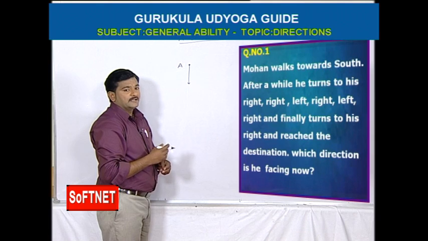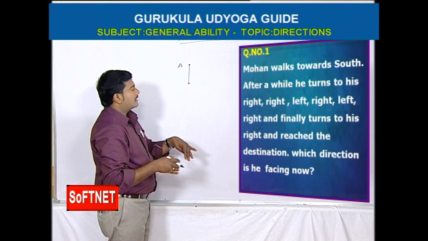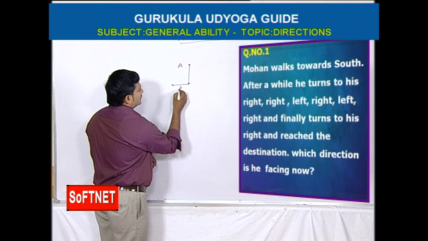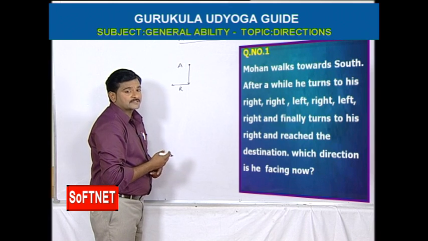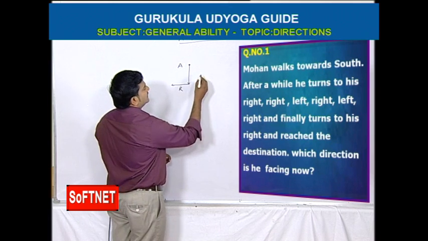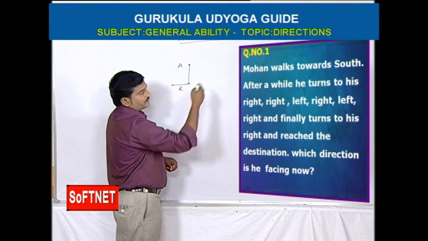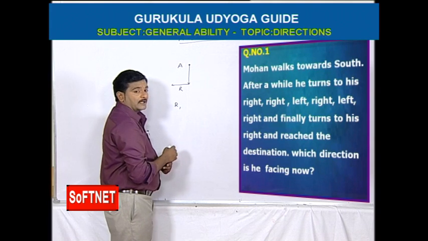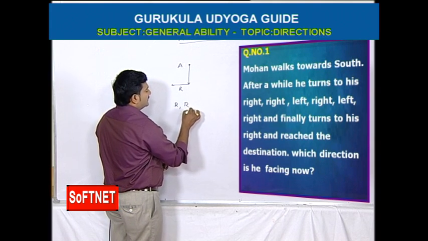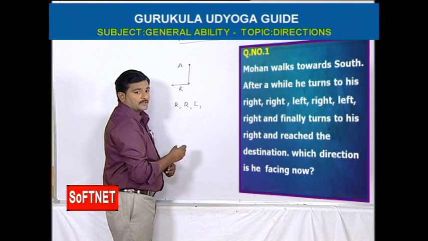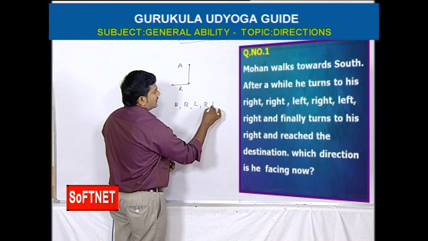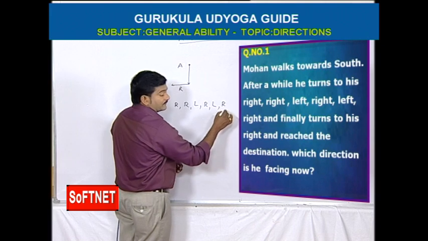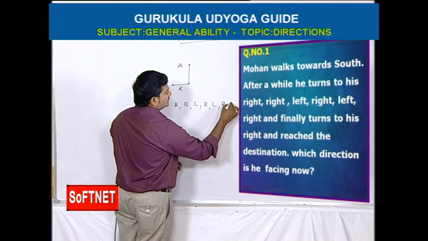Next what happened? After a while he turns to his right. So this is one right direction. After that he is given some lefts and rights. How many lefts and how many rights are given? If you observe the given question, first he is given right, after that again right, and again left, so again right, again left, and finally he turns to his right and reaches the destination.